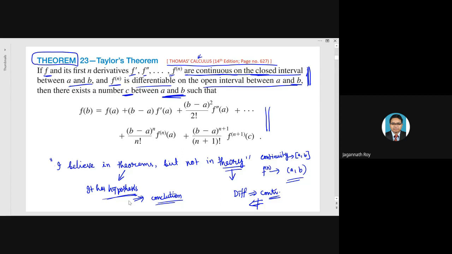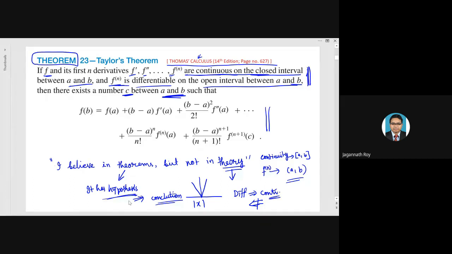There are some continuous functions, for example, mod x. It is a continuous function, but it is not differentiable at the point x equals 0. So that is why it is correct.